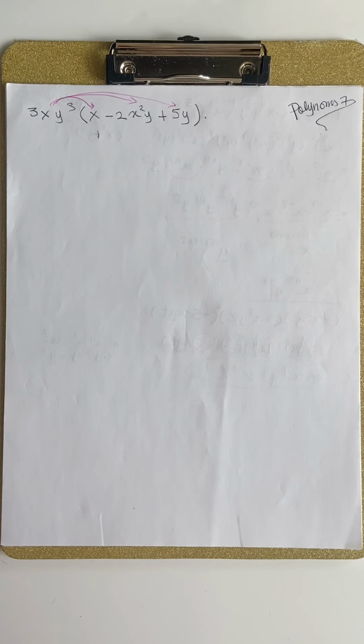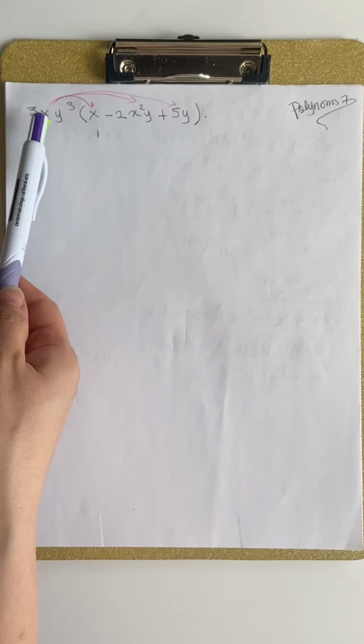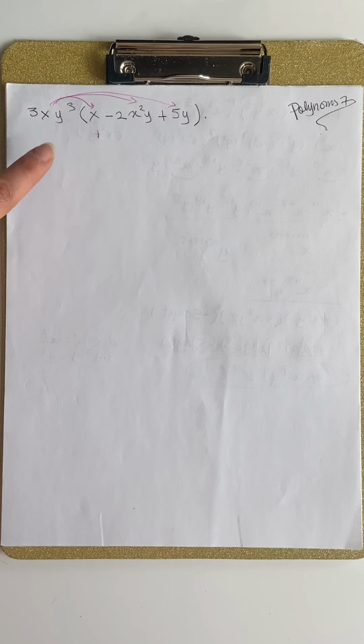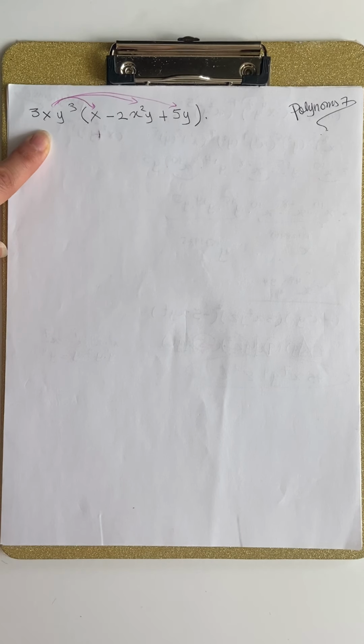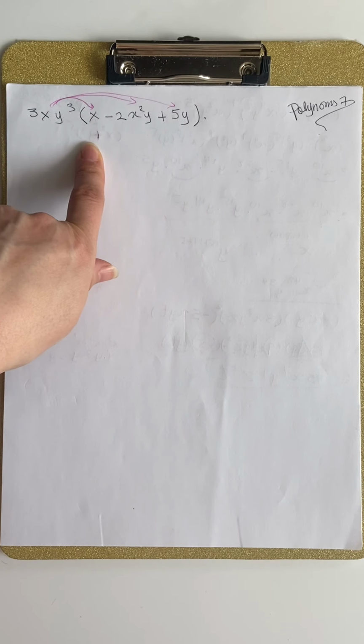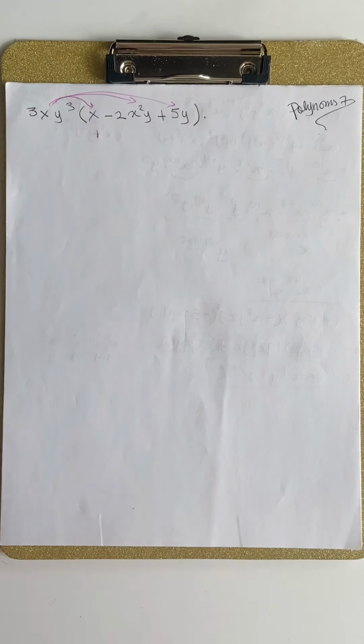We always distribute multiplication into addition, subtraction. If you recall, we call this term a monomial because that's just one term on its own. And in this example, we have a trinomial because we have 3 terms together, correct? So that's a trinomial. Let's start multiplying.